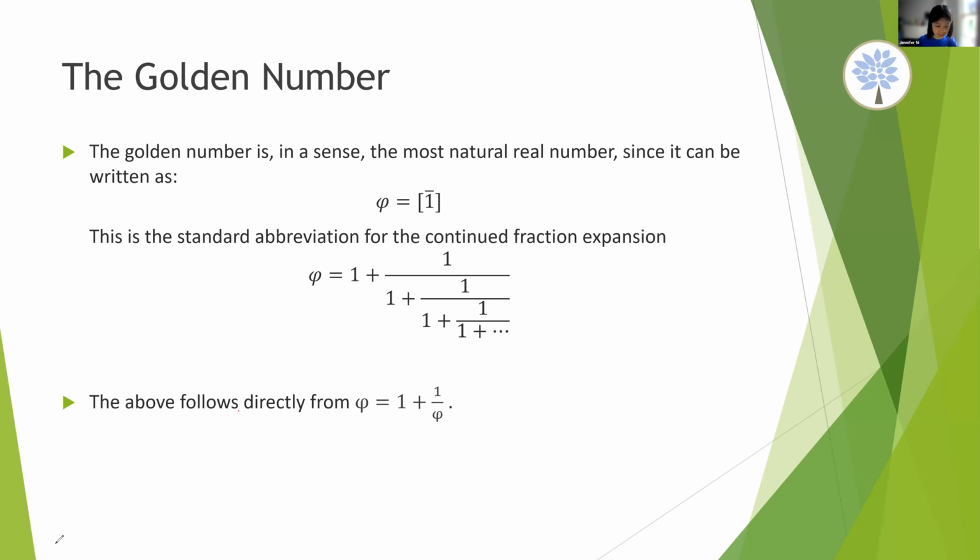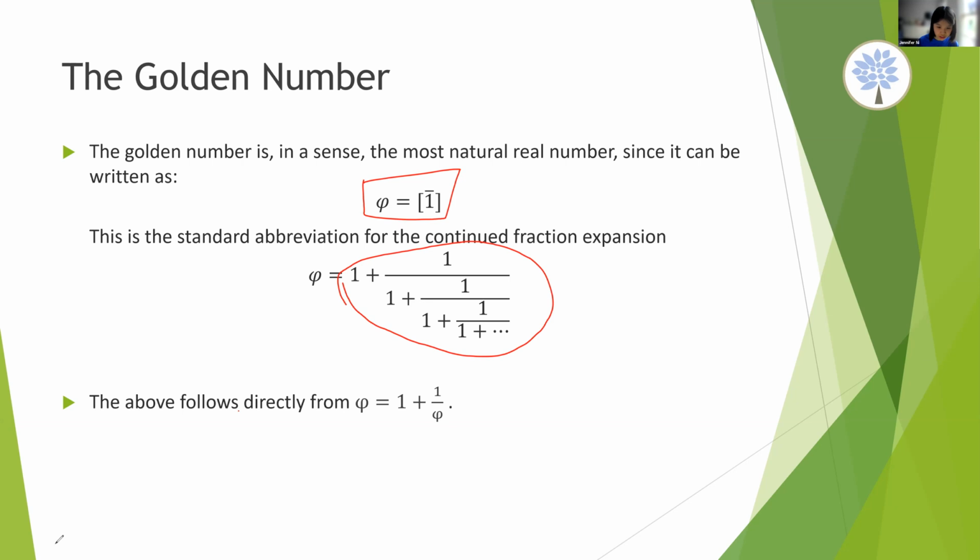The golden number is, in a sense, the most natural real number, since it can be written as this, which is a standard abbreviation for the continued fraction expansion of this expression.